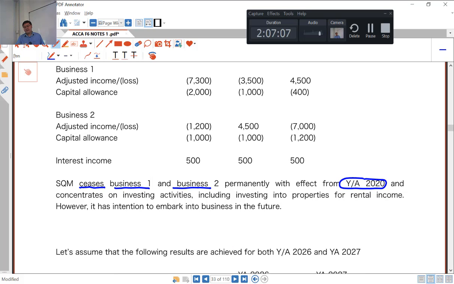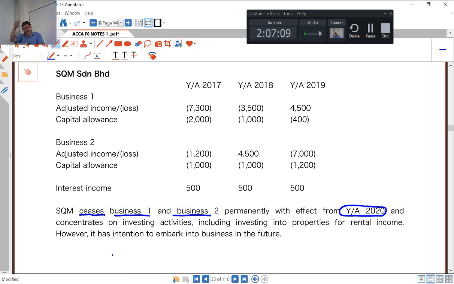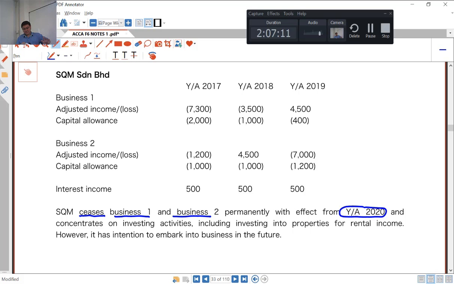Okay, back to this. So the company had business 1, business 2, and the company decided to stop this in 2020 so that they will only concentrate on investment activity. All right? They will only invest in property. But they say they have intention to embark into business in the future.